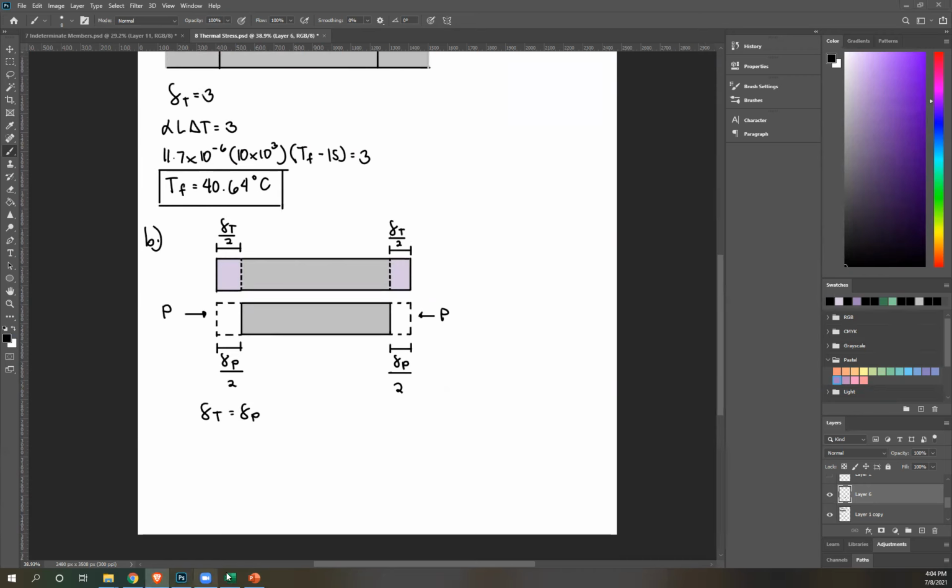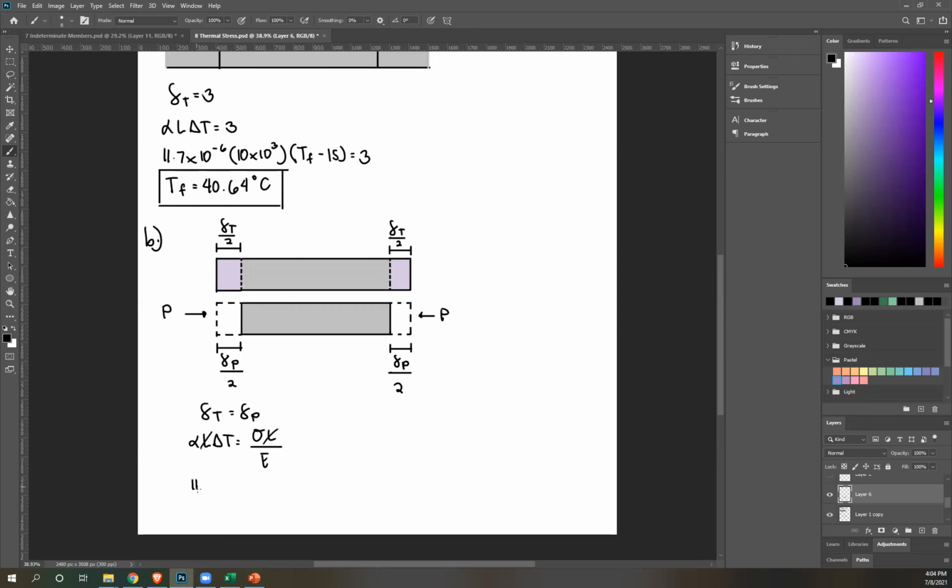So what are we looking for? Stress, right? So we'll use the equation involving stress. So PL over AE for the force, and for temperature, its constant is alpha L change in T. Again, original length is the same, so that cancels out.